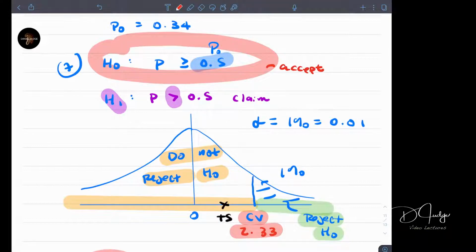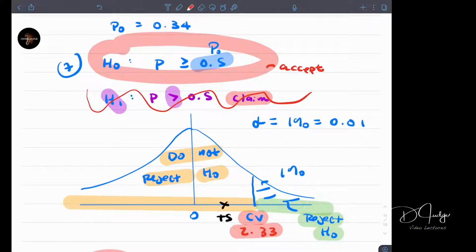What does that mean about the alternate? It's gone because you're accepting the null. You only have one that you can accept. You're accepting the null. You are not accepting the claim, ladies and gentlemen, because the alternate happens to be the claim. We wrote that down.